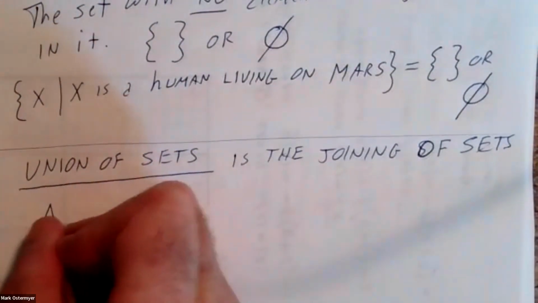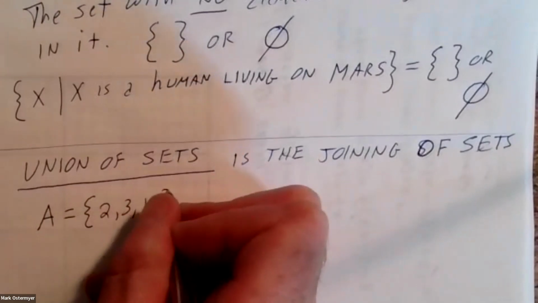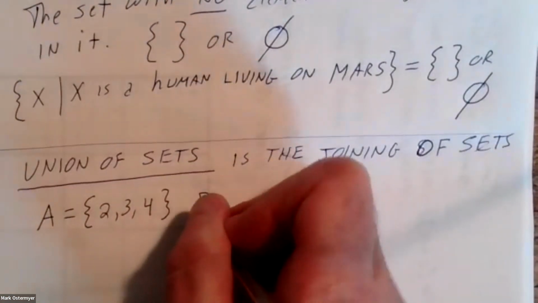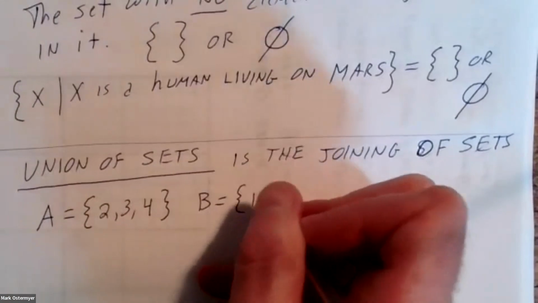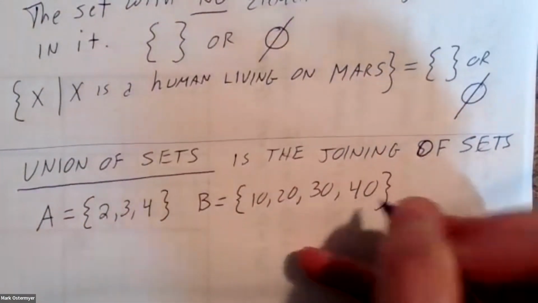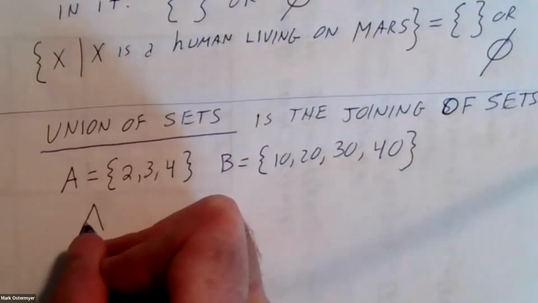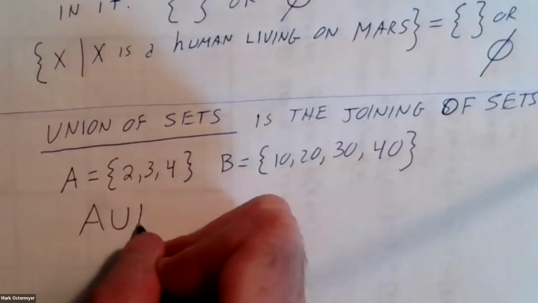If I define set A to be the set that consists of 3 elements or 3 objects, 2, 3, and 4, and I define set B to consist of these 4 elements or objects, 10, 20, 30, and 40. All right, ladies, let's have a little bit of fun here. What would be the union of these sets? Now, the union is denoted symbolically as this U symbol.